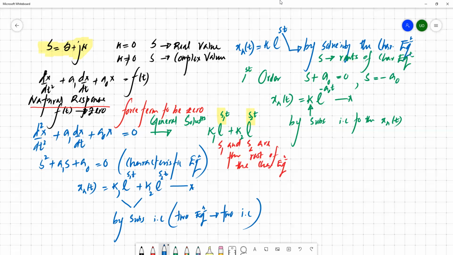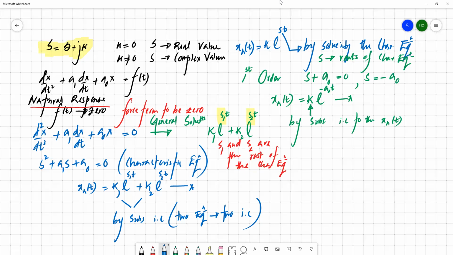Or else you can have a single initial condition, but using it there may be a possibility to find another initial condition of the circuit. So ideally, you should have two initial conditions. These may be given in the question, or you can find the other one by using the given initial condition. If you go through the examples in this slide set, you can see how we can manipulate these initial conditions to get k1 and k2.